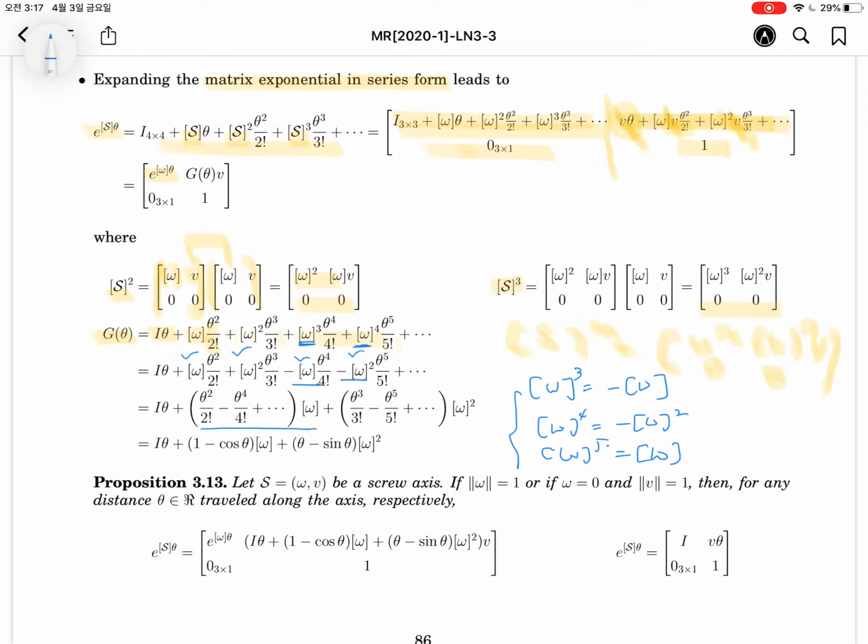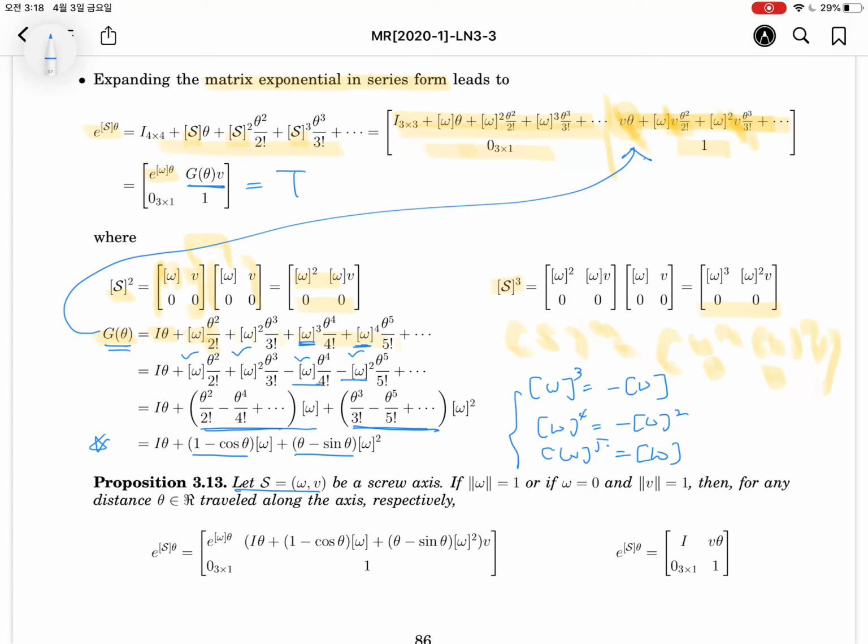One more, if we have this sequence, we have this equation. Here, we can apply the sine and cosine definitions. So it must be 1 minus cosine theta. It is equal to theta minus sine theta. So it's very easy to obtain G of theta using theta and omega. So G is applied to here, and then we can get the homogeneous transformation.